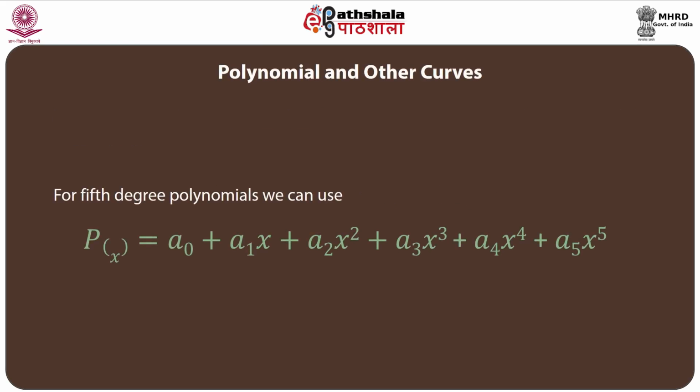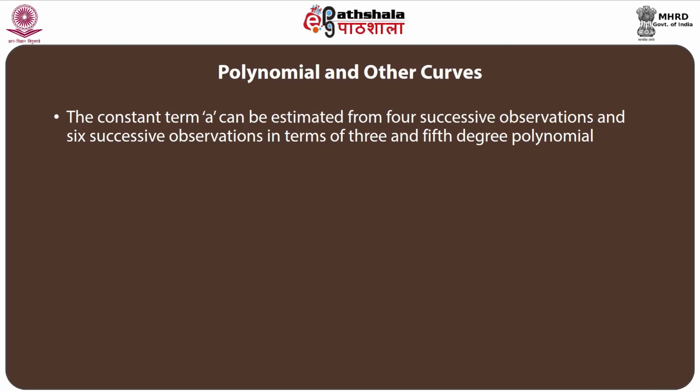In case the adjustment needs a 5th degree polynomial, it will be Px equal to a0 plus a1x plus a2x squared plus a3x cubed plus a4x raised to 4 plus a5x raised to 5. The constant terms, which are unknown here, can be estimated from 6 successive observations for the 5th degree polynomial and 4 successive observations for the 3rd degree polynomial.